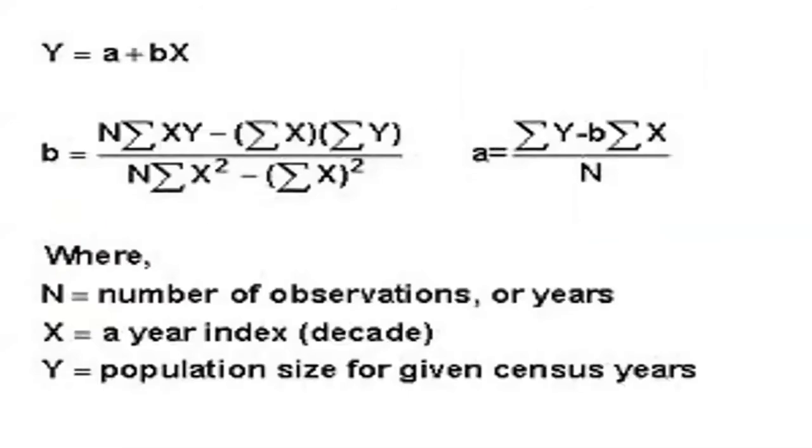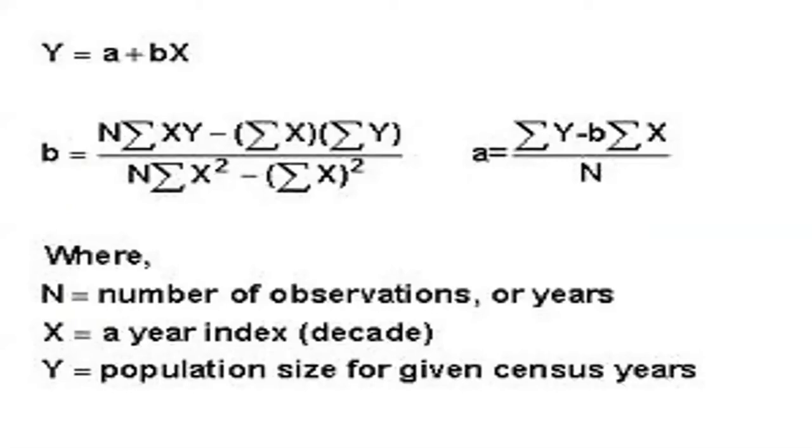Then y is equal to a plus bx is another form, and how will you determine the value of b? b can be determined by n summation xy minus summation x into summation y, whole divided by n summation x square minus (summation x) whole square.